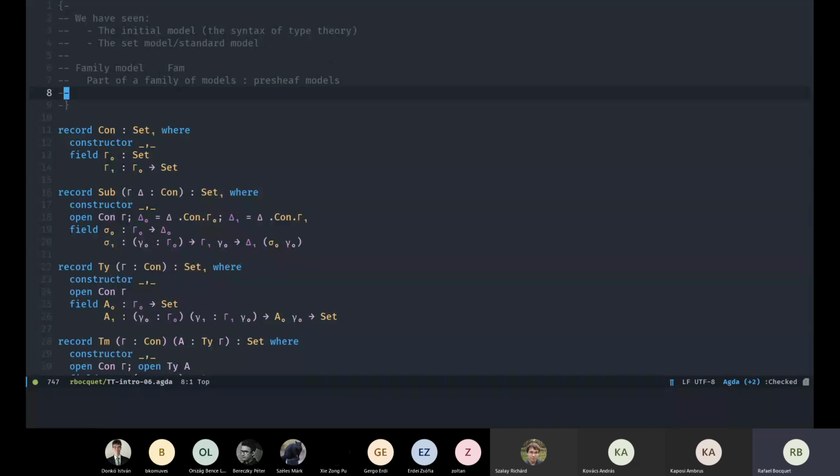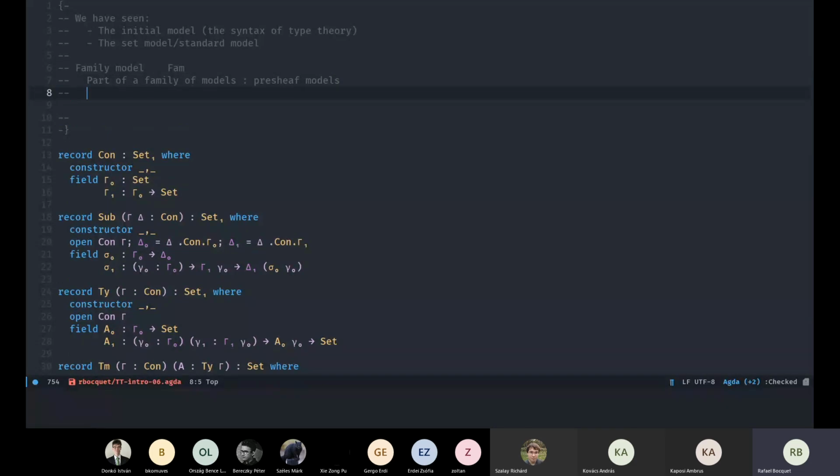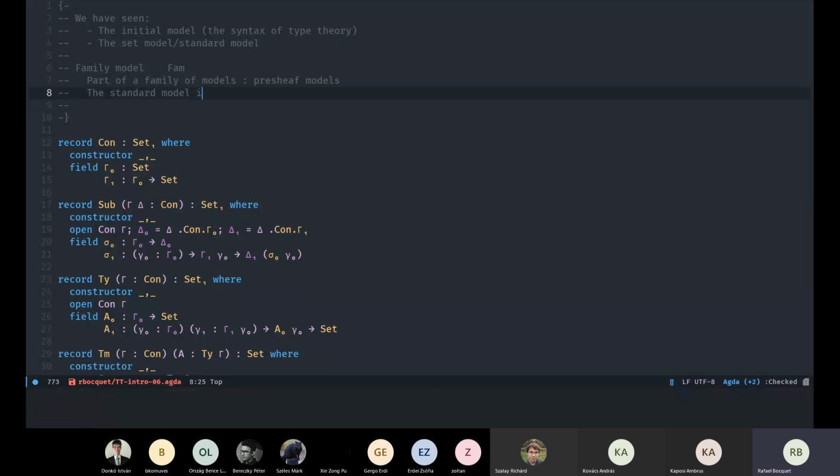So it can be seen as a part of a larger family of models, Redshift models, and the standard model is also a Redshift model. But it's a very simple Redshift model and it's easier to describe it directly instead of describing it as a Redshift model.